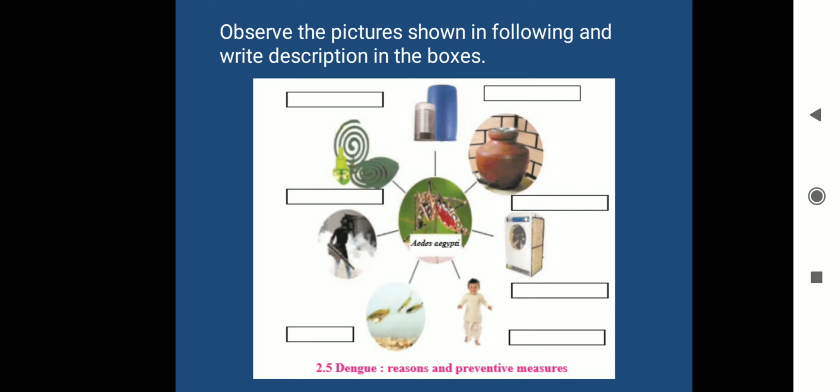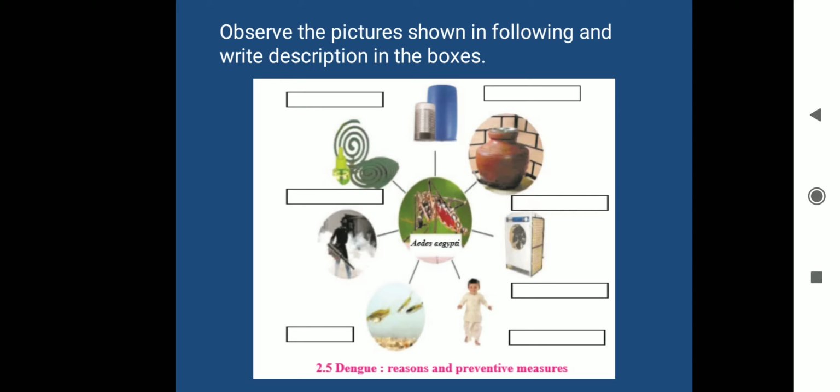Always place a tight lid on the container, and we can also sprinkle disinfectant so that it will stop the growth of mosquitoes. We can use the mosquito coil. It will prevent us from mosquito bites.